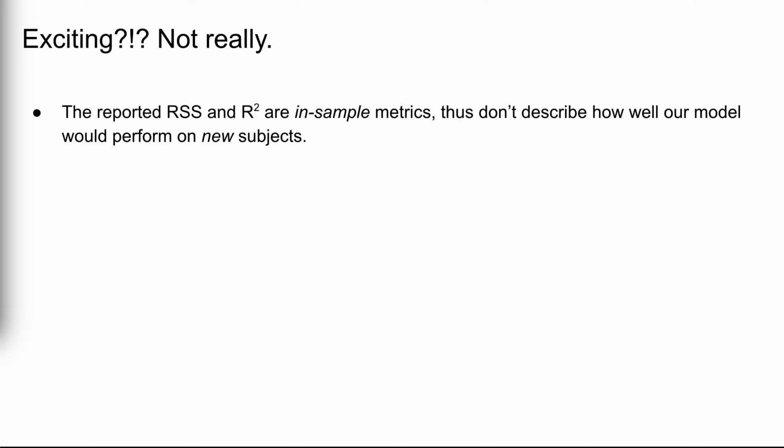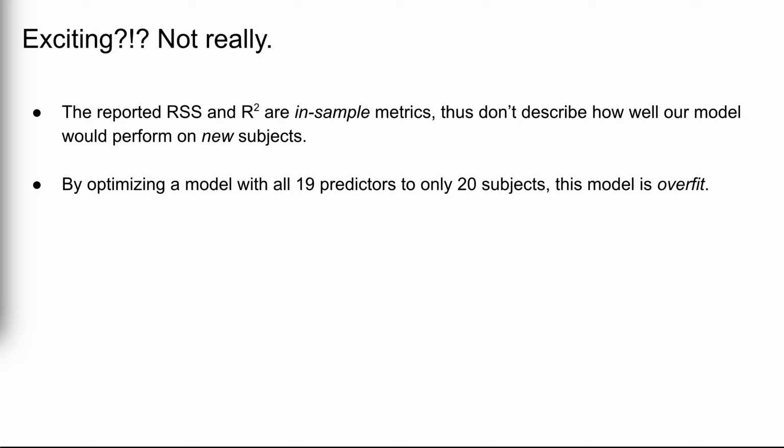At first glance, this seems exciting, but if we step back, there are signs that this model is problematic. First, the reported RSS and R-squared are in-sample metrics, thus don't describe how well our model would perform on new subjects. In fact, by optimizing a model with all 19 predictors to only 20 subjects, this model is most certainly overfit to our sample data.